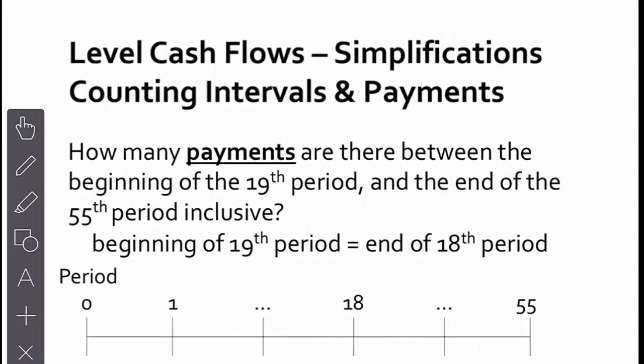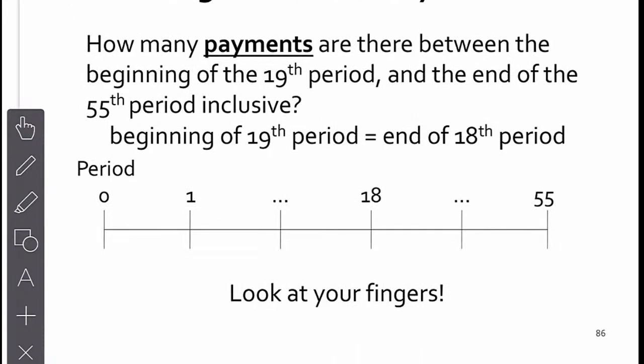So let's see how that's different. What if you want the number of payments? There's payments to be made for 55 periods. How many payments are there between, okay, now I switch it up, the beginning of the 19th period and the end of the 55th period inclusive? So we have to do all this translation, right?